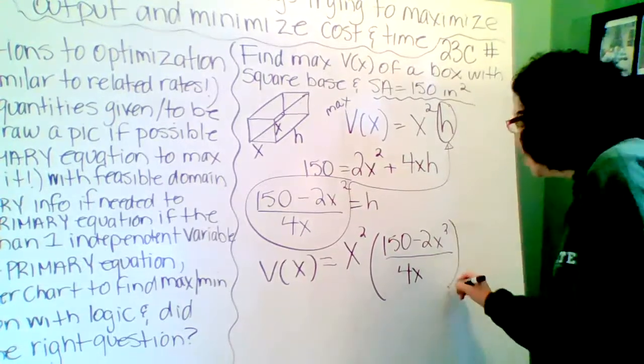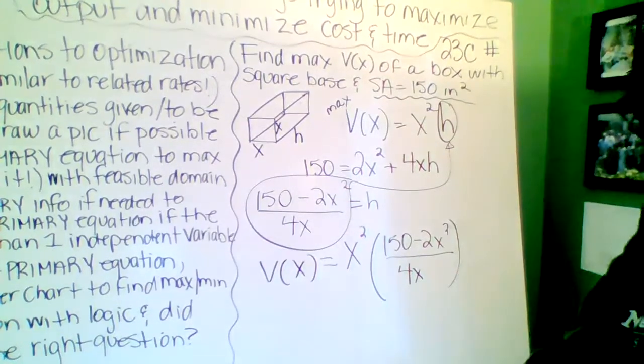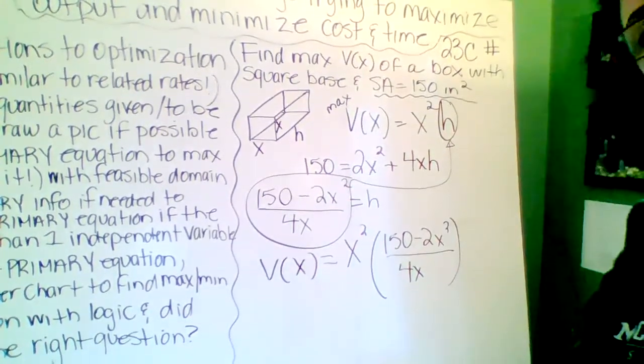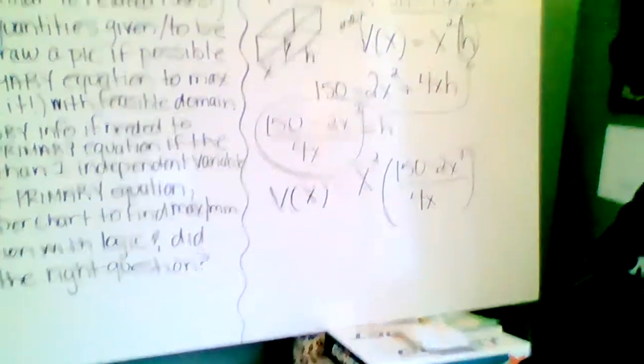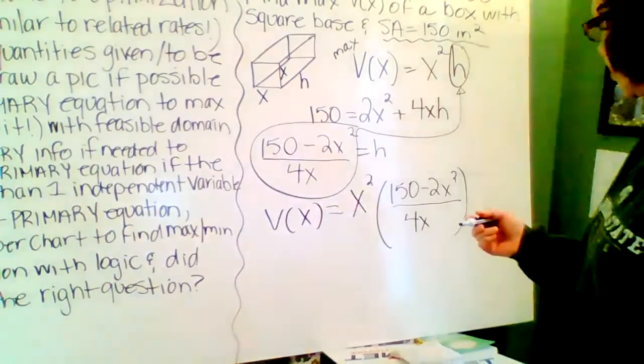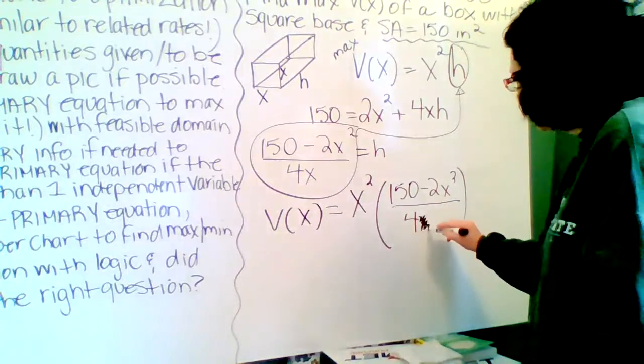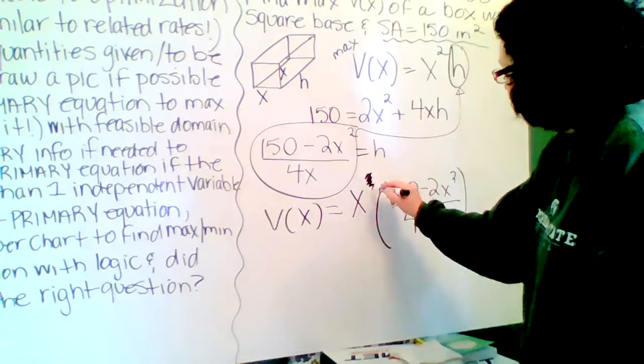Okay, now, so this is my volume formula that now has one independent variable, right? But this is kind of messy to take the derivative of. I think I can clean this up a little bit so that I can take the derivative. Notice that this X cancels out and leaves 1X here.